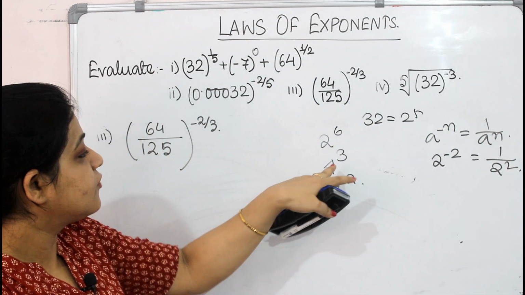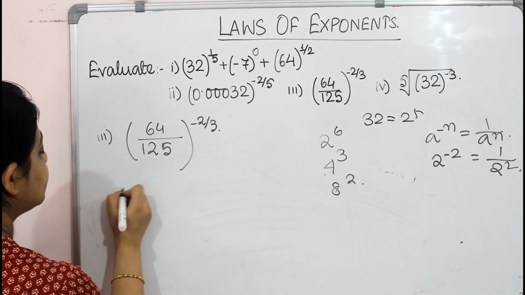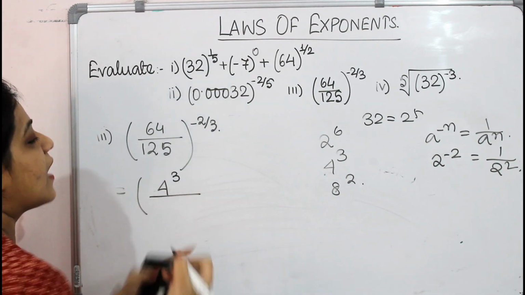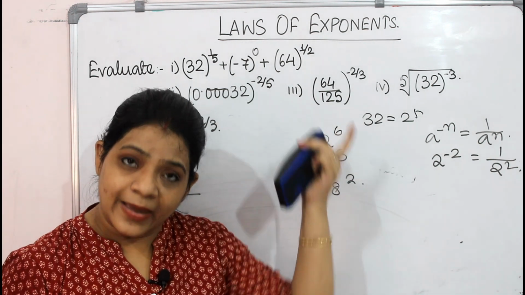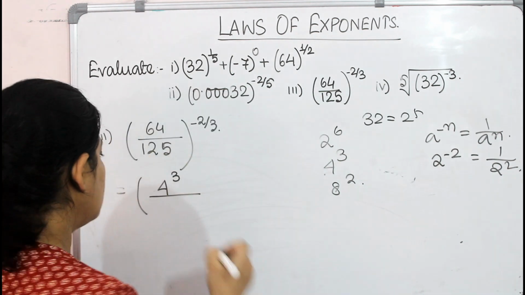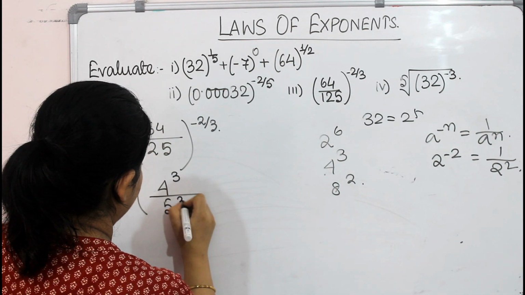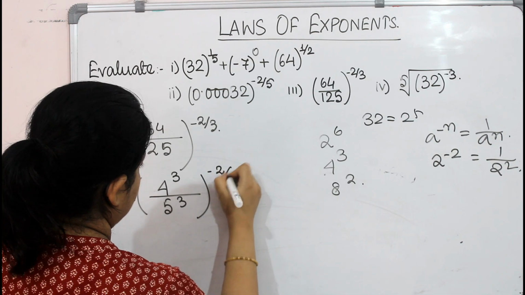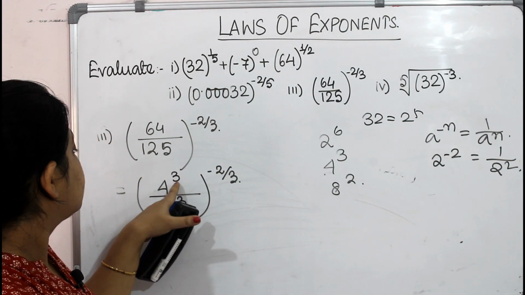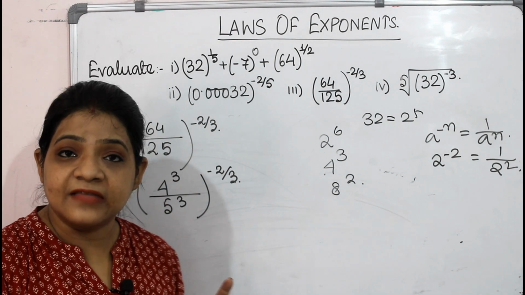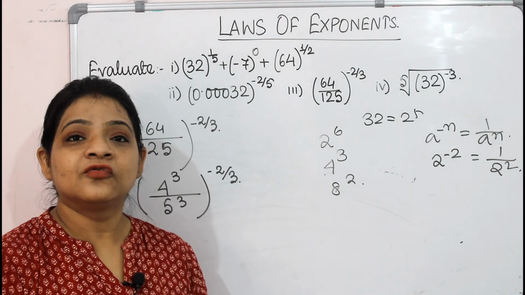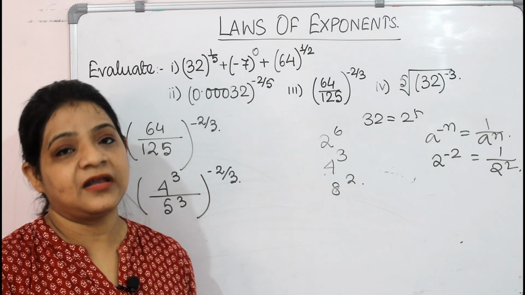So let's do 4 to the power of 3. 125, I have already mentioned, is equal to 5 cube, so we will write it as 5 cube. The ease of writing 4 to the power of 3 is that the 3 will get cancelled, so you will get a much simplified expression.